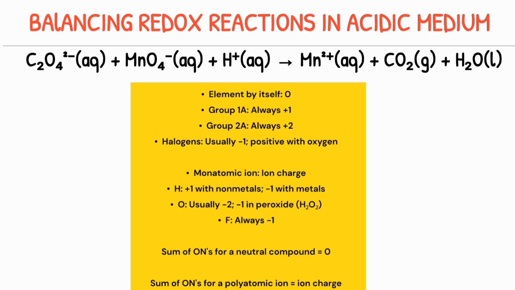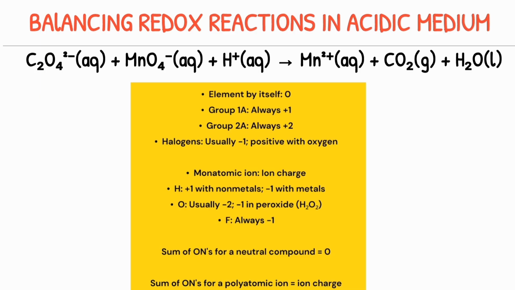Or chlorine, not the chloride ion or anion, will have an oxidation number of 0. All group 1 elements will have an oxidation number of +1. All group 2 elements, +2. The halogens always exhibit an oxidation number of -1, except when they are bonded with oxygen.